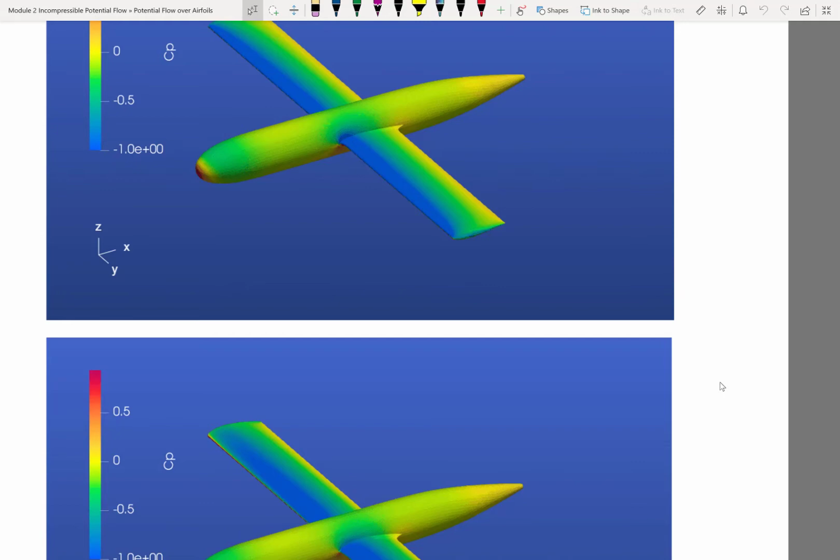And it's the suction on the upper side of the wing that is primarily responsible for lift. We're going to see later that there is a high pressure region at the stagnation point below the wing, but the primary contribution to lift is the suction on the top of the wing, right?